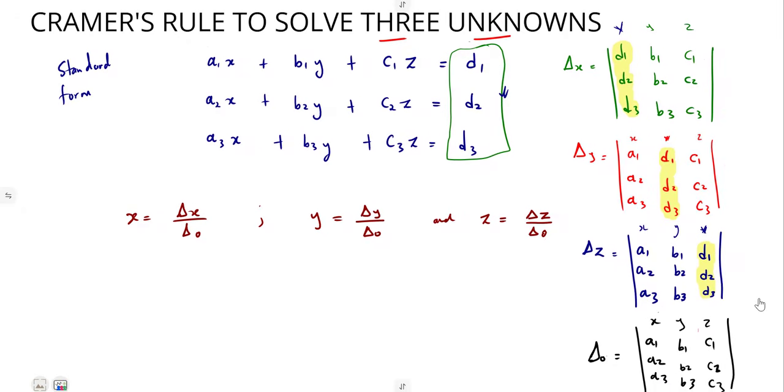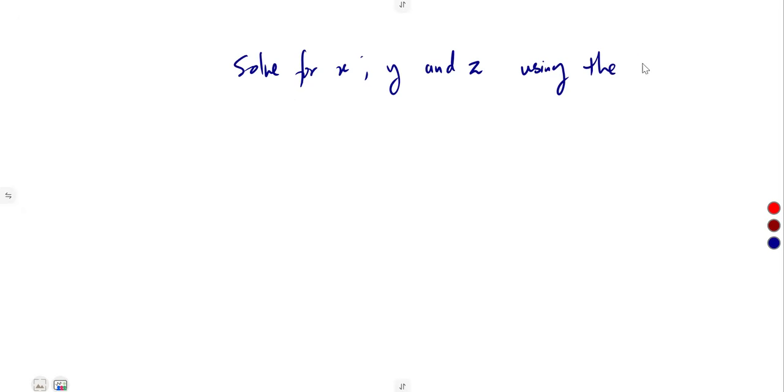All right. So let me just put one example. Let's say we are being asked, in our case, we are going to solve for everything. We are going to solve for x, y, and z using the Cramer's rule.